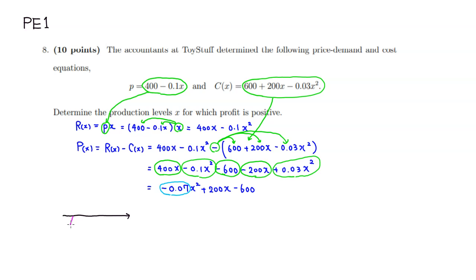Here is my ballpark picture of the parabola facing down, and this is my x-axis. In order to get a positive profit, the graph should be above the x-axis, so we're looking at these parts right here. We need to find the starting value and the ending value.